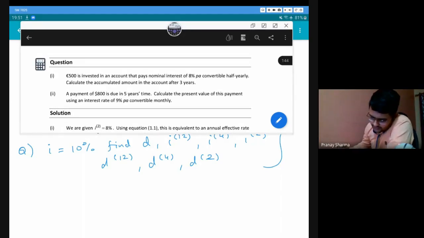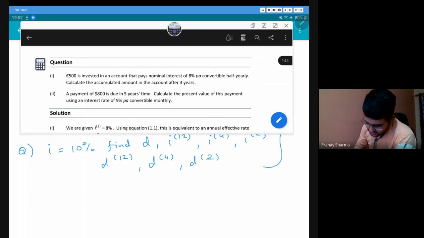So here we have 500 invested in an account that pays nominal rate of interest of 8% per annum, convertible half yearly. They may not write that it is a nominal rate of interest, but you have to look for two things. First is per annum, it is represented on a per annum basis. Second is it is convertible half yearly.